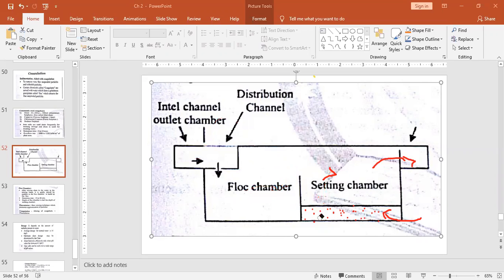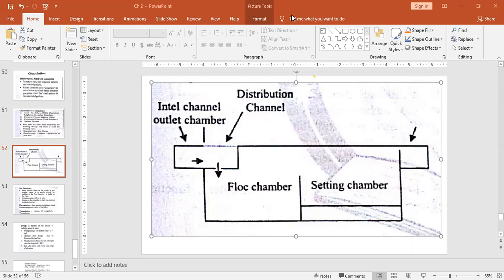I hope you understood. May I explain once again? Plain sedimentation, in which we are not using any kind of chemical, the particles get settled down by their own mass and weight, by gravity.